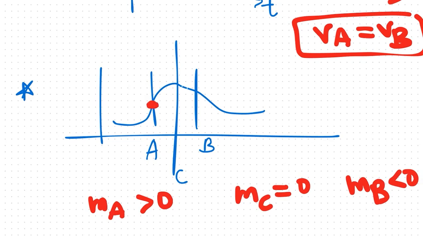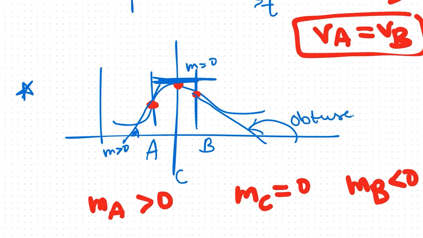We are talking about instantaneous points, right? At that point the slope is negative. This is positive. This is horizontal, 0. Here it is an obtuse angle, that is why it is negative.